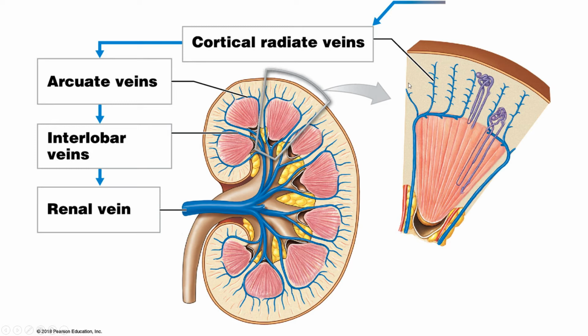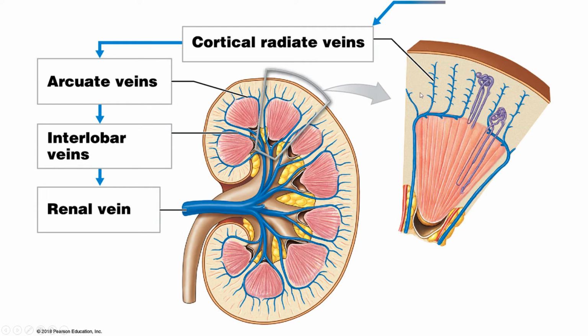And so we don't really talk about the venule, but know that there is a venule that is only so big that's going to actually lead into the veins, okay? So the cortical radiate veins are going to mainly receive blood from the peritubular capillaries, but they can also receive blood from the vasa recta. But the vasa recta can also drain directly into the arcuate veins.